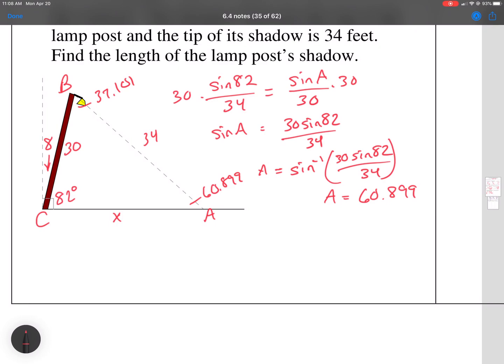So now we'll set up the law of sines for that. So sine of 37.101 over x equals the sine of 82 over 34.